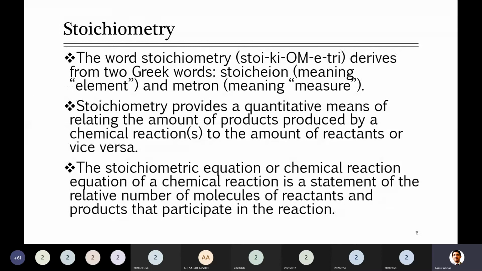As I was saying, there is a reaction between sodium hydroxide and hydrochloric acid, NaOH plus HCl. They react and produce water plus NaCl. When I write this equation, it is called simply a chemical reaction equation or stoichiometric equation. It is a simple statement relating reactants with products.